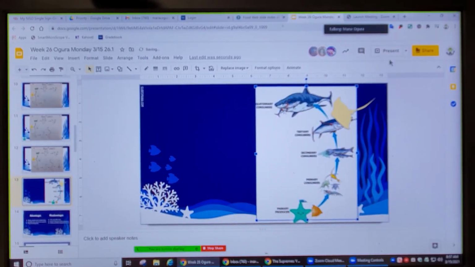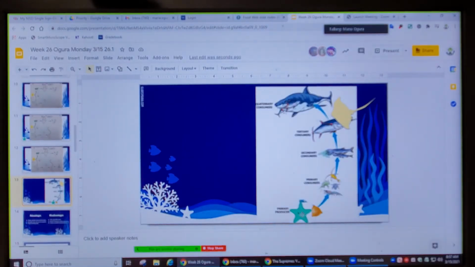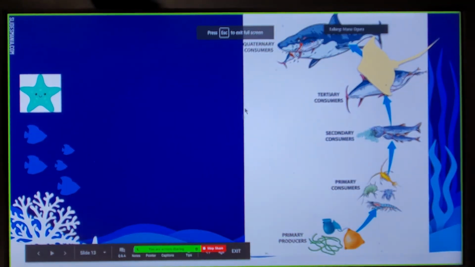There we go. So it's not in the way, so I can show you this whole food web. Oh, hold on. I had this cute little starfish, but he's in the way. Let's put him over here. Okay, technical difficulties.